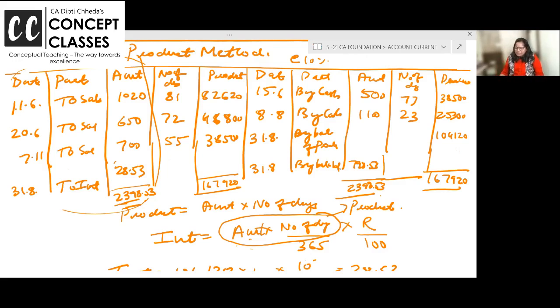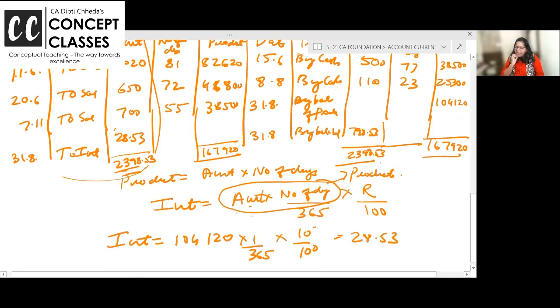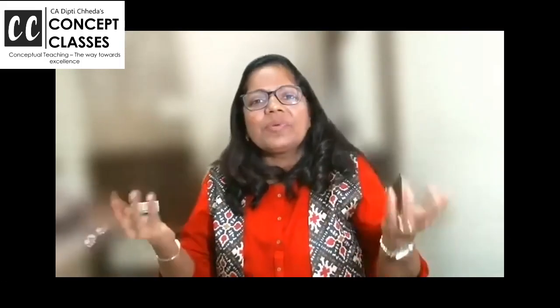So date, particulars, amount is clear. Number of days and product, or number of days and interest, is the balance. Anyone having any doubt? Do the product method if nothing is given; otherwise you can do interest and product both.